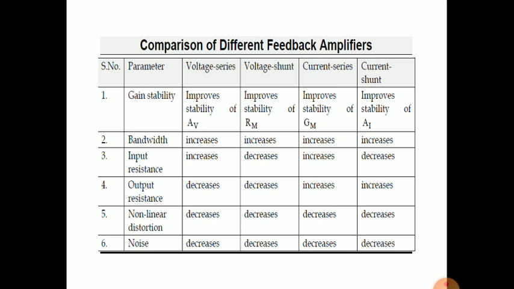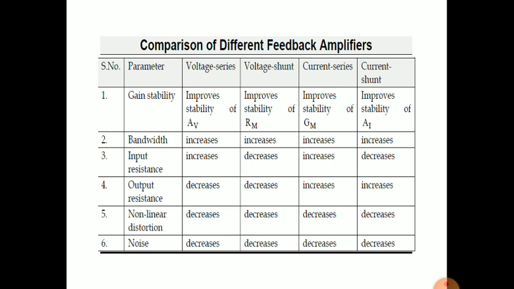And in the names voltage series, voltage shunt, current series and current shunt, the first term, voltage or current, is related to the sampling, and the second term, series or shunt, is related to the mixing. So for the input resistance, we need to go for the second term. If there is series in the second term, it will increase. If there is shunt, it will decrease.